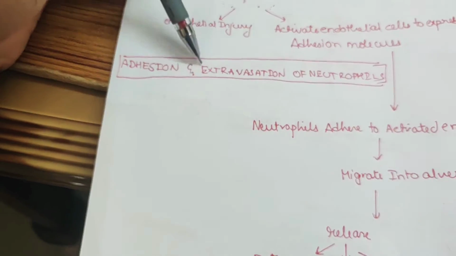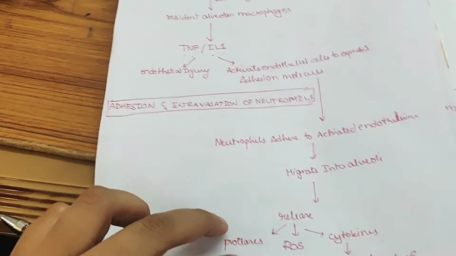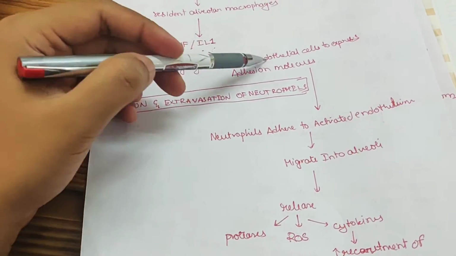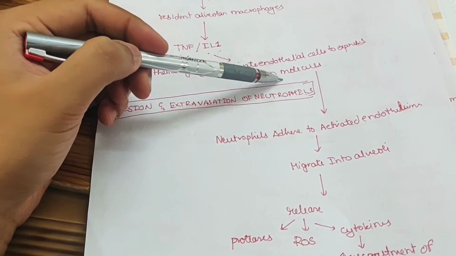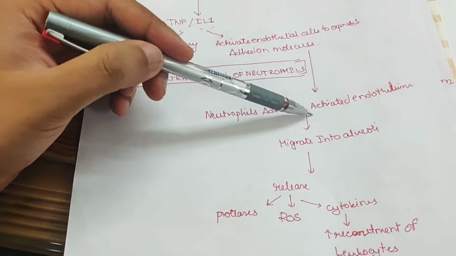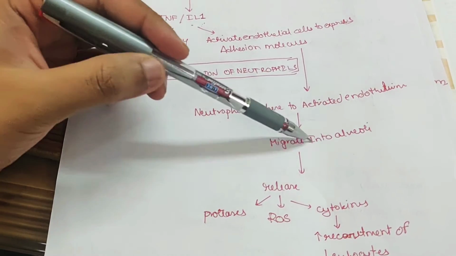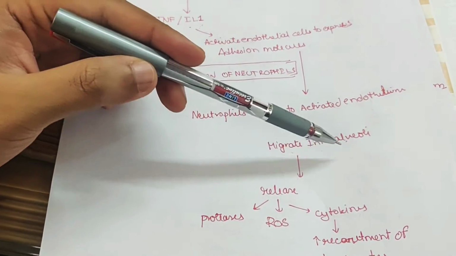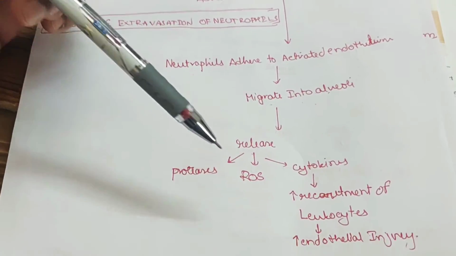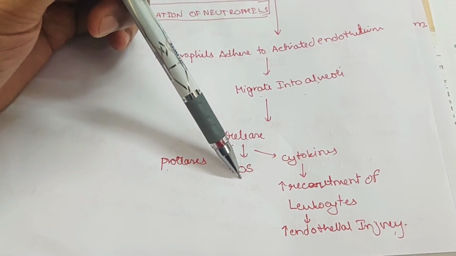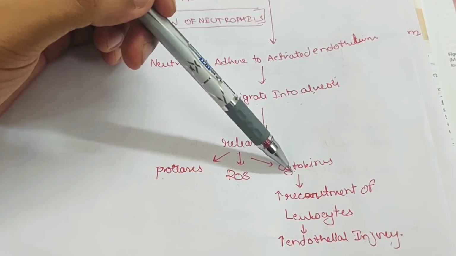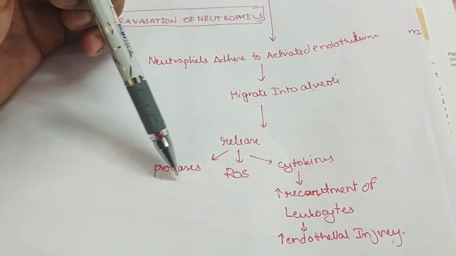The next step is adhesion and extravasation of neutrophils. The activated endothelial cells express the adhesion molecules, so the neutrophils adhere to the activated endothelium and migrate into the alveoli. After getting into the alveoli, they release three things: proteases, reactive oxygen species, and cytokines. What do these proteases do?